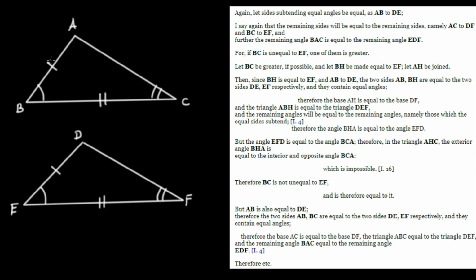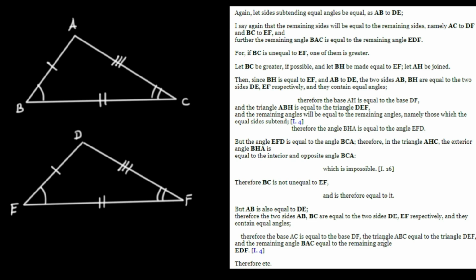Notice we have side, angle, side, once again, and we're going to, of course, use proposition 4 again. Therefore, the base AC is equal to the base DF. These two are equal.